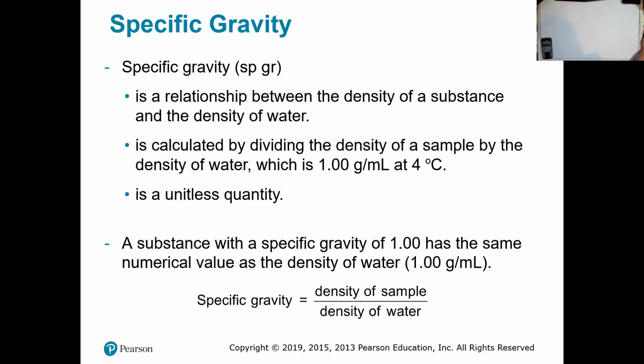Specific gravity is a unitless quantity because the units cancel out in this calculation. So you take the density of that substance, divide it by the density of water, and then you get your specific gravity.